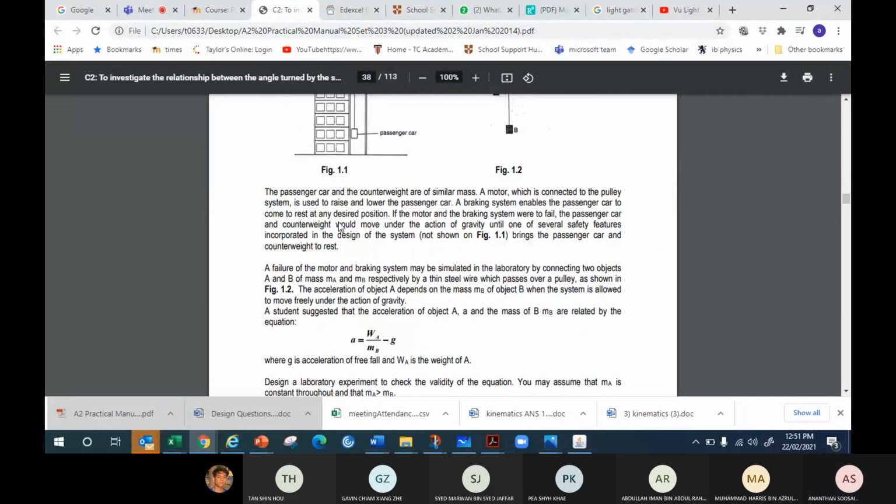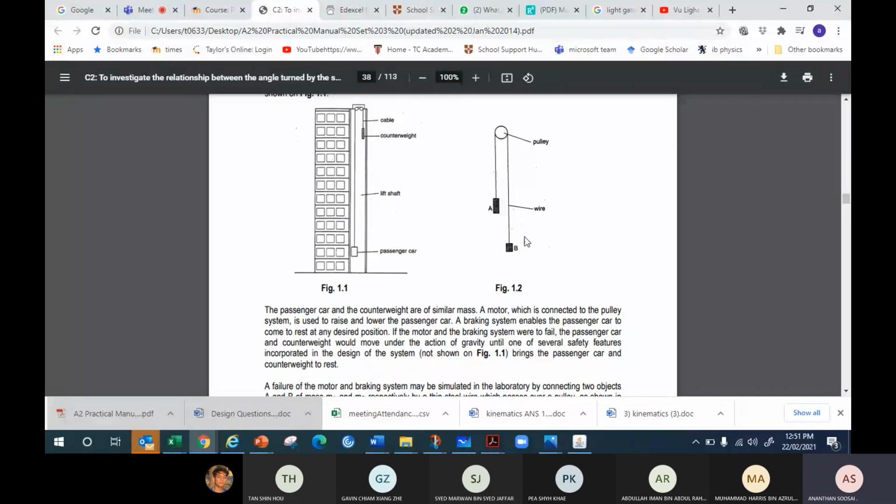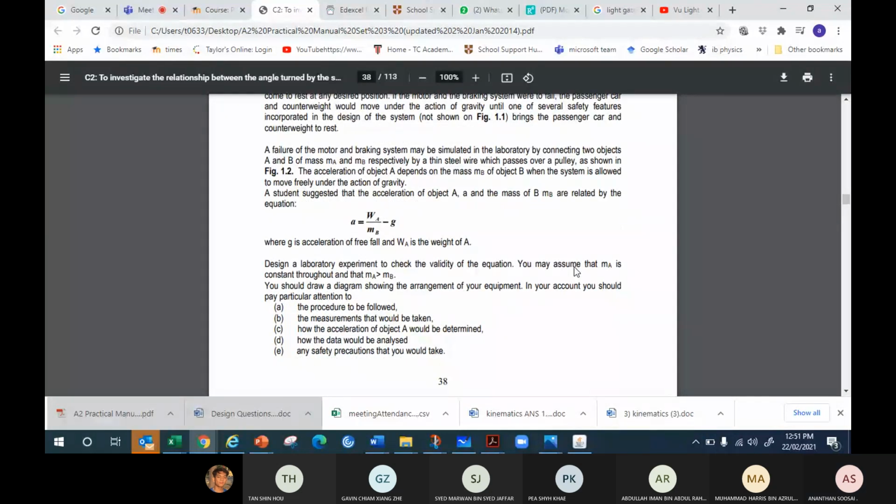Okay. So how do you measure acceleration here? What instrument do you use? You can use a stopwatch. You can use a light gate if you want. Okay, it all depends on you. But which is heavier? WA is the weight of A. The MA is greater than MB.